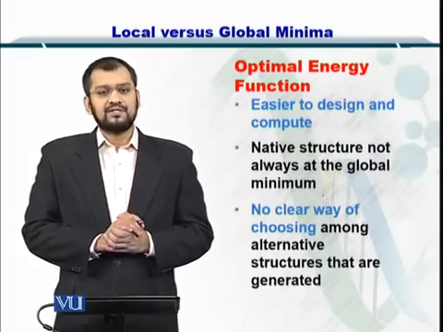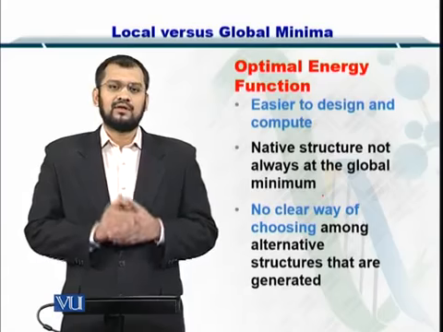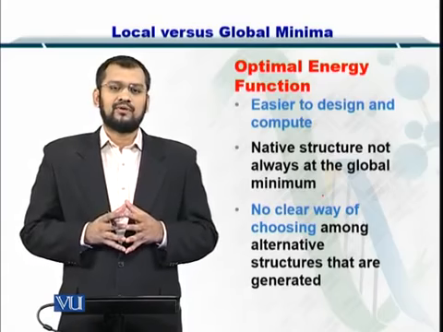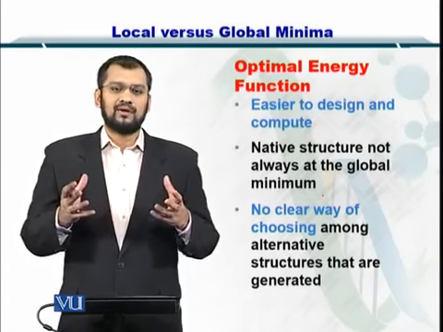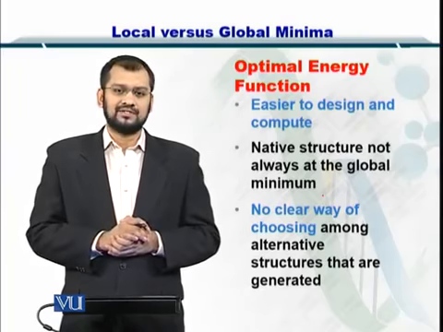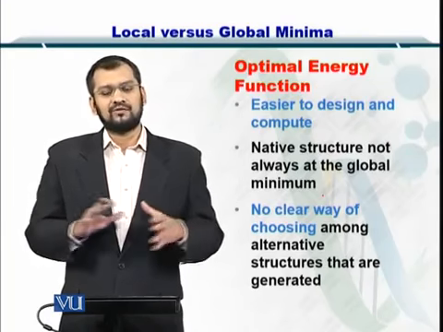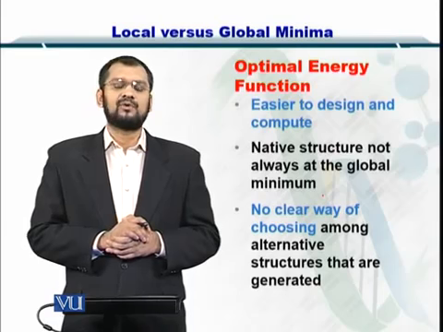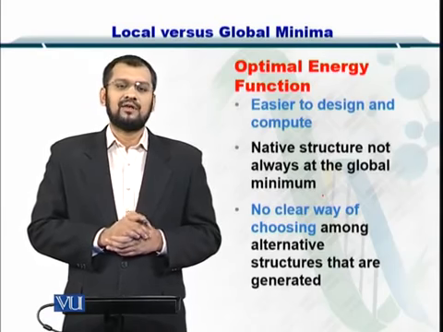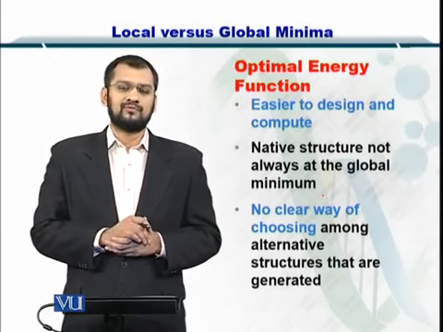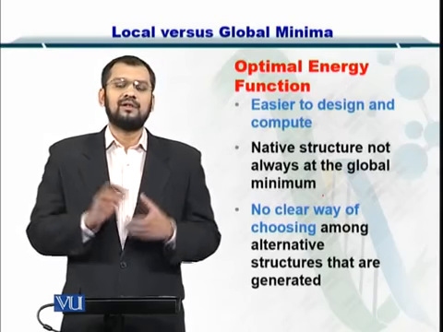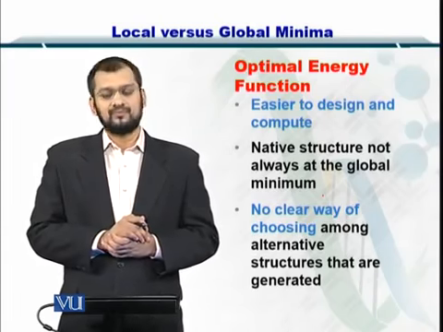So the optimal energy function then is, in real life, we cannot have a global function for minimizing the energy. There can be many possibilities, and it is difficult to explore all of them. Hence, instead of going for a global minimum function, we find the optimal energy minimization function.